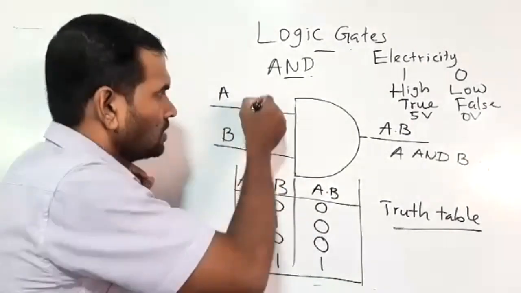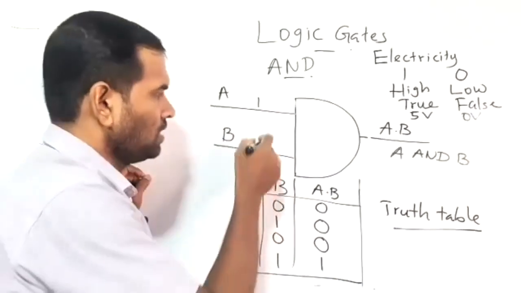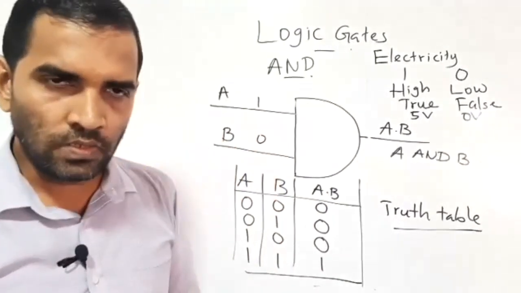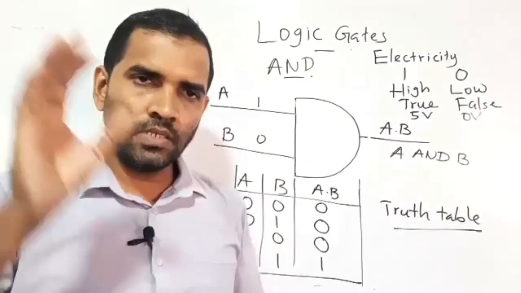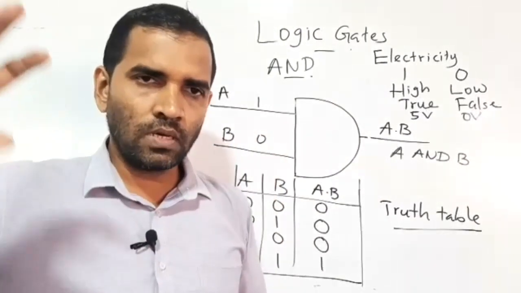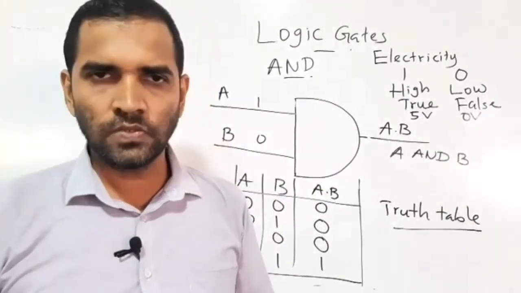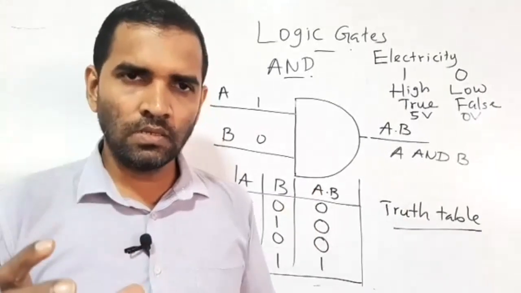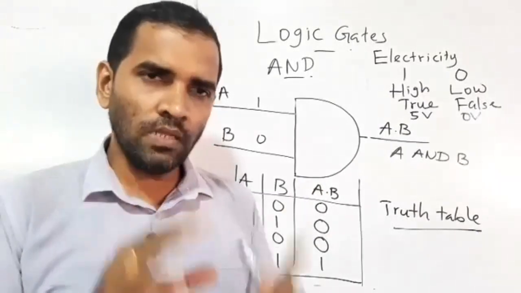Wire A has electricity. Wire B doesn't have electricity. Now, what I'm doing is justifying the reason for constructing the simple electric circuit, because there's a need. So I'm explaining the need.